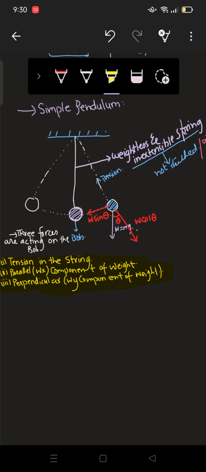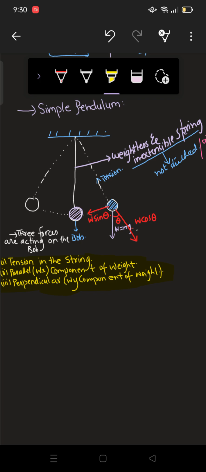Second force, the parallel Wx component of the weight, which is acting downward, and then the perpendicular Wy component of the weight, which is W sine theta. In today's video, we are going to derive the formula for finding the acceleration of the simple pendulum.